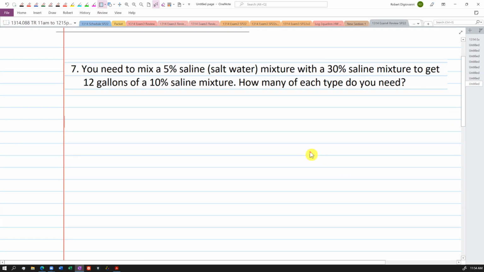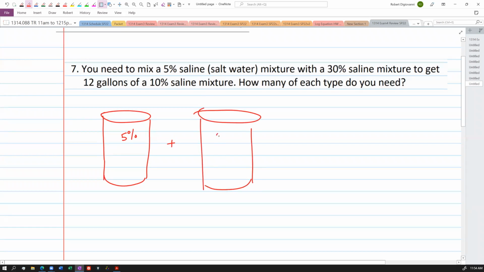All right, so we need to mix a 5% saline mixture with a 30% saline mixture to get 12 gallons of a 10% saline mixture. So I drew some pictures. You don't have to draw pictures, but I'm going to draw pictures just to help me. So this is my 5% mixture. I'm going to add to that some 30% stuff. And when I finish, I need to finish with a 10%, and I need 12 gallons.